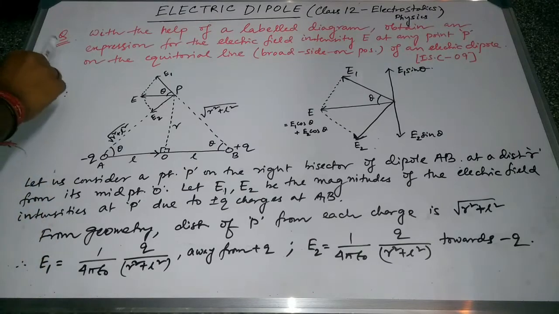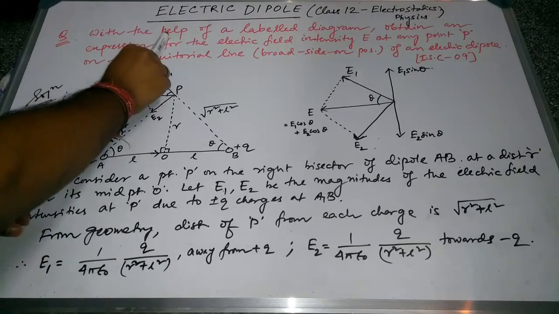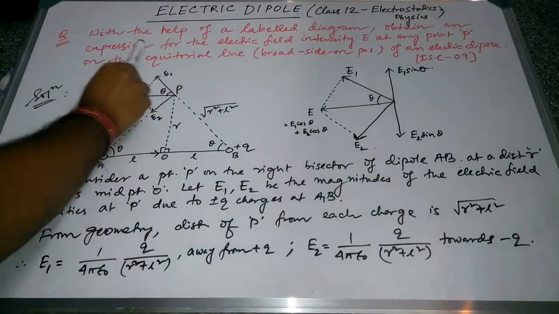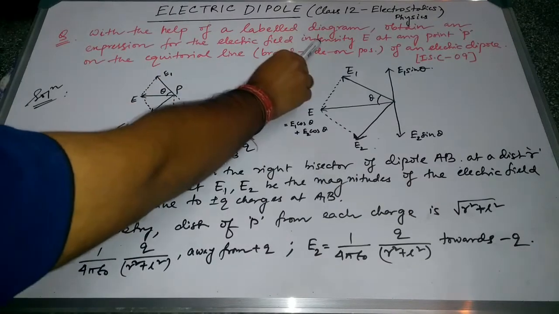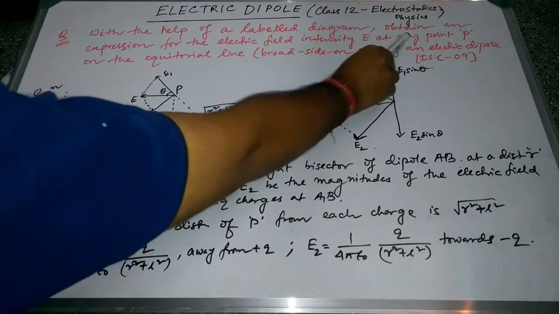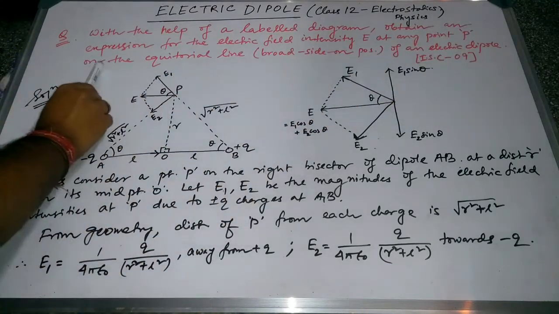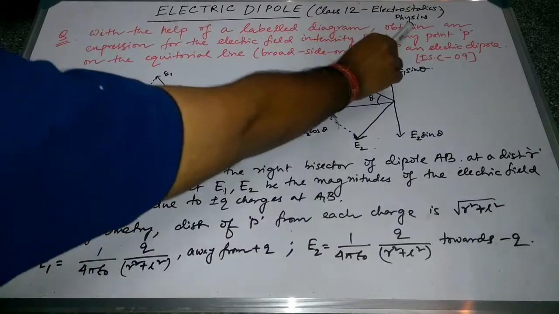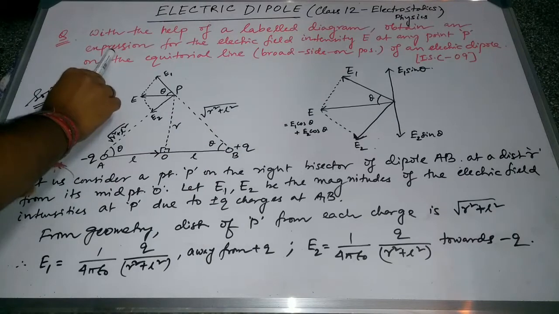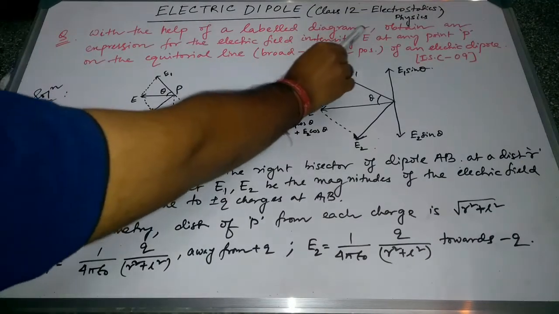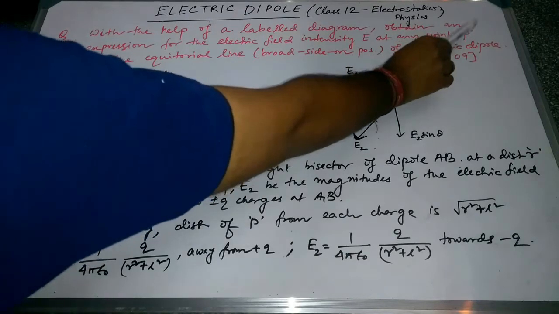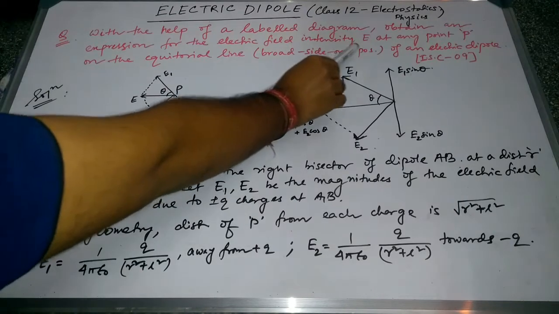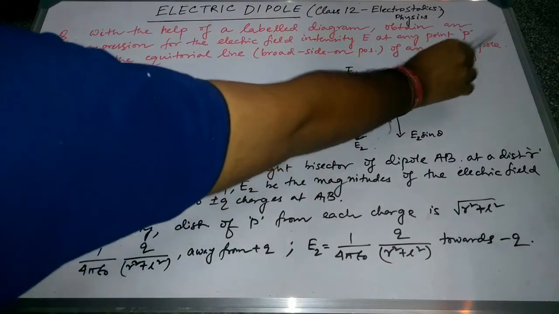A question is given: with the help of a labeled diagram, obtain an expression for the electric field intensity E at any point P on the equatorial line, that is the broad side-on position of an electric dipole.